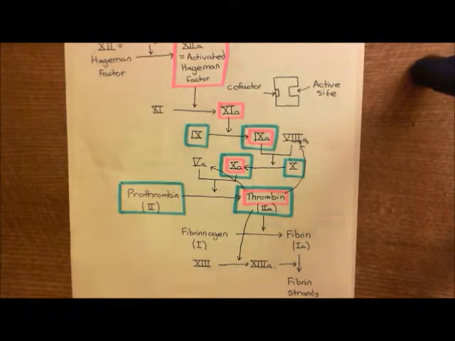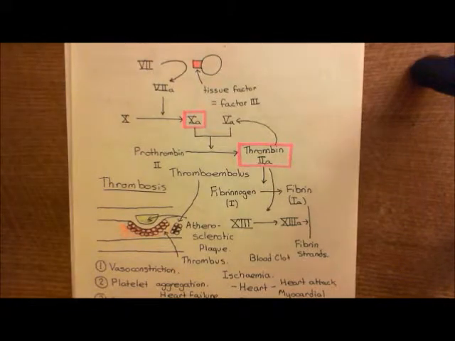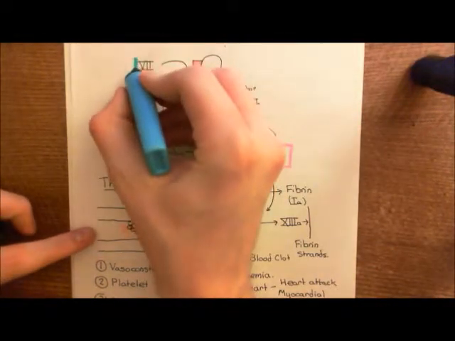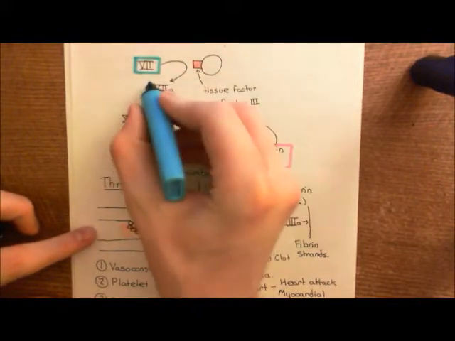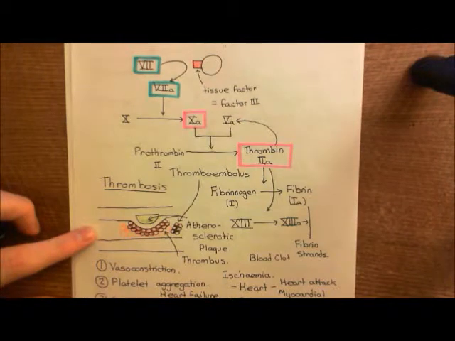Okay. In addition, if we look at the extrinsic coagulation cascade here, then it also stops the production of many of the coagulation factors here. So it stops the production of 7, so therefore 7 and 7A go. So you can't have tissue factor activate 7 to 7A.